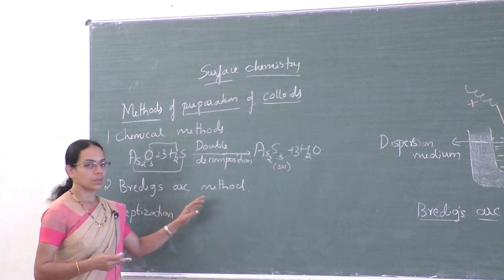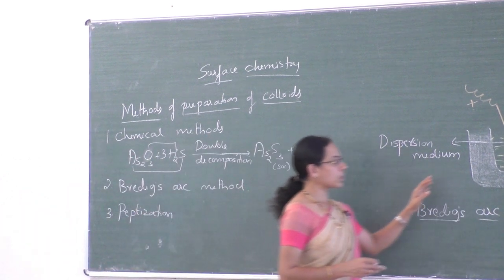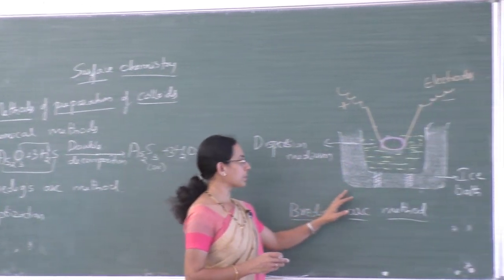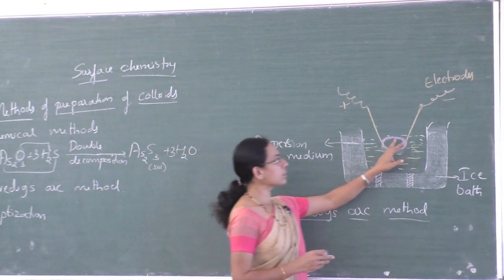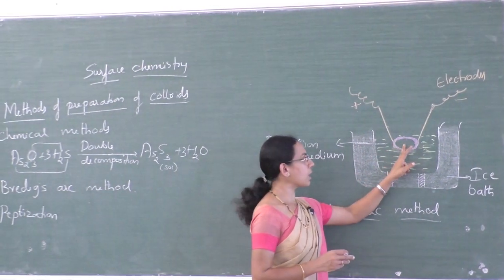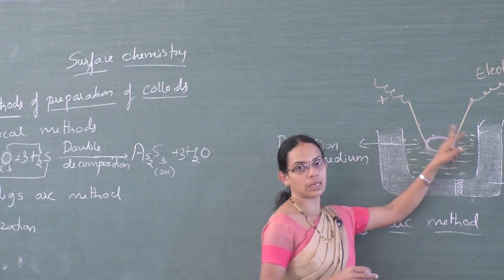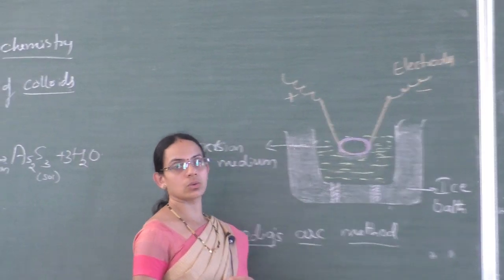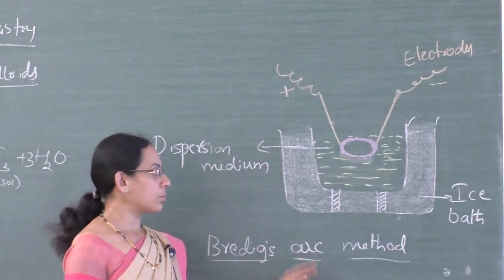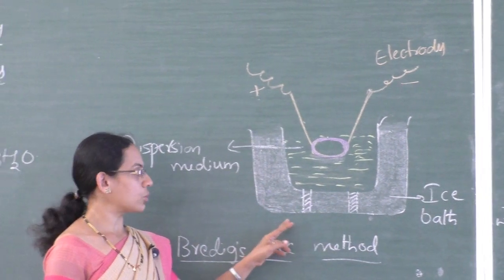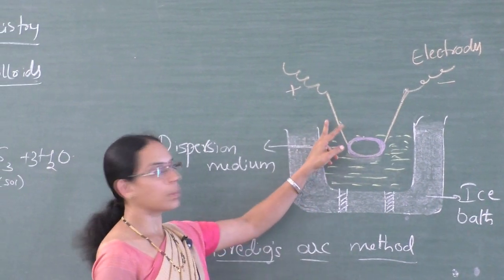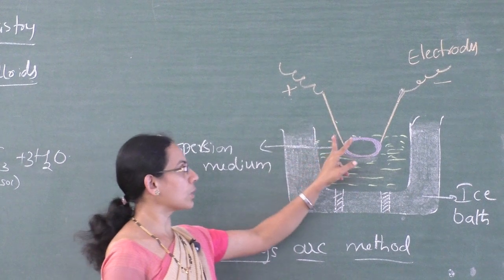So we can explain Bredig's arc method like this. Here an electric arc is struck between 2 metal electrodes. These are the metal electrodes of the sol to be prepared. If you want to prepare the gold sol, we have to take gold electrode here.